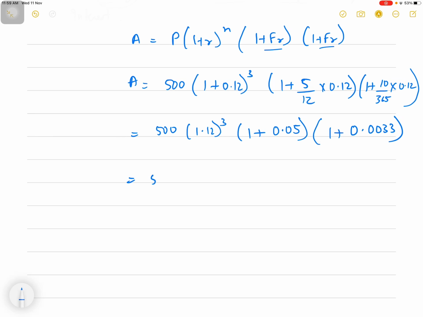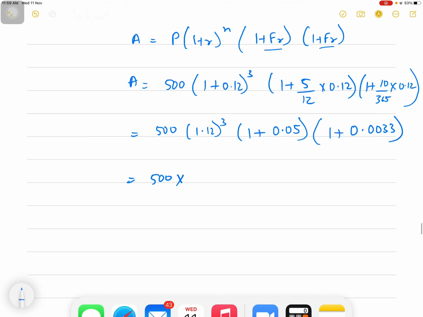Let's calculate this. Multiplied by 1.12 raised to 3.